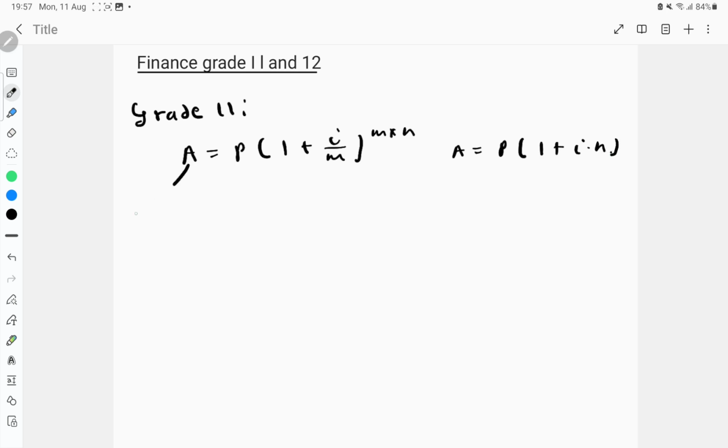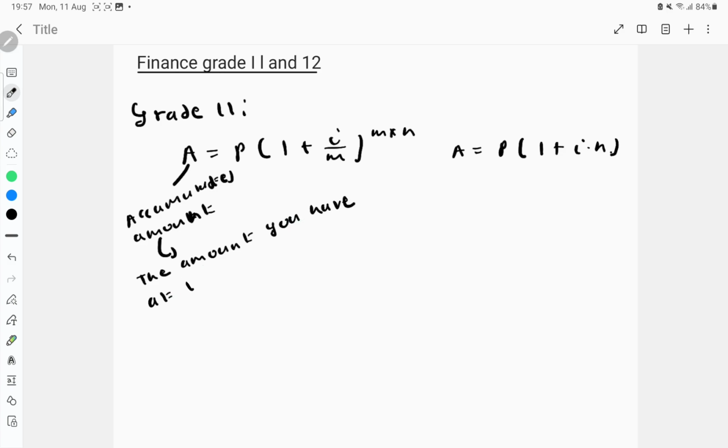So remember, your A is your accumulated amount, which is the amount that you have at the end of the investment period.